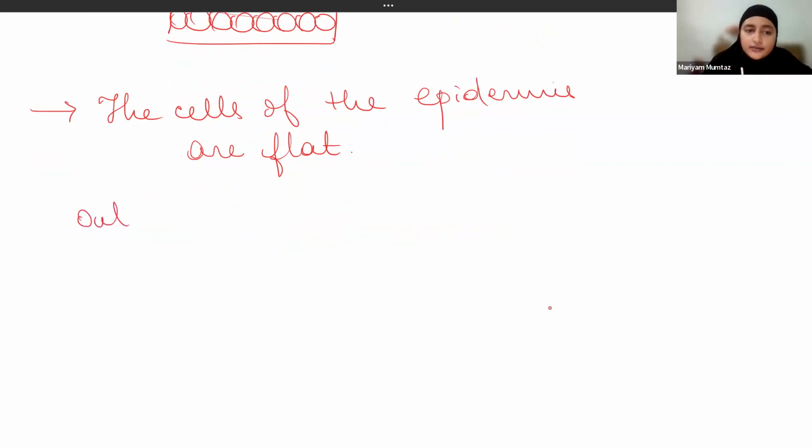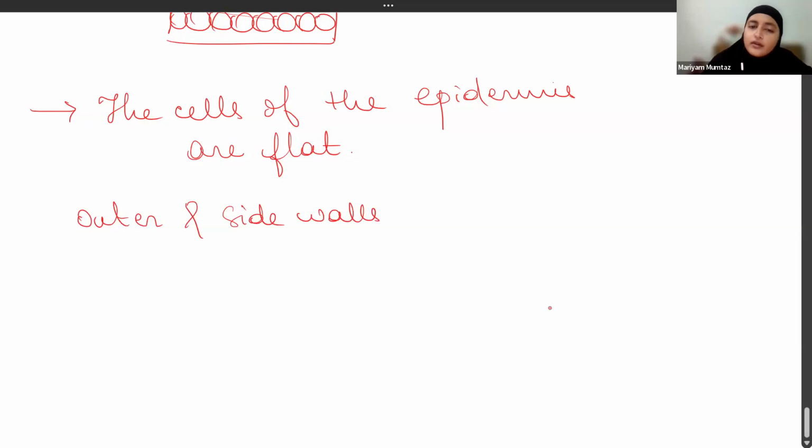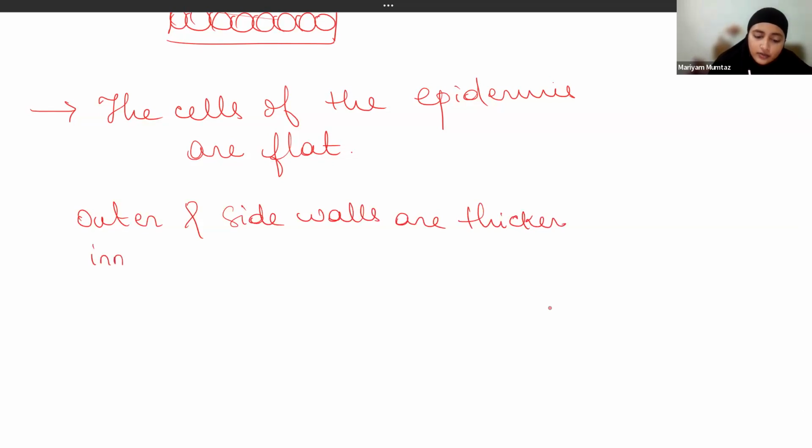So outer and side walls are thicker and the inner wall is thinner. Now this is about the epidermis. The outer and the side walls are thicker, whereas the inner walls are thinner. Is it clear to everybody?